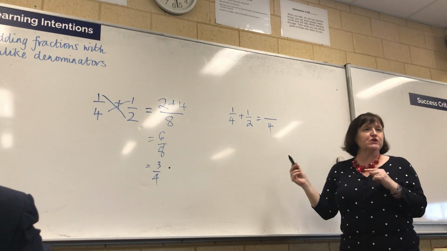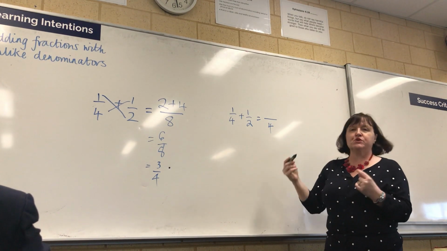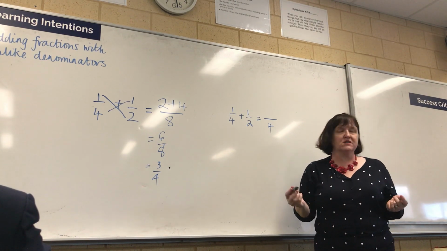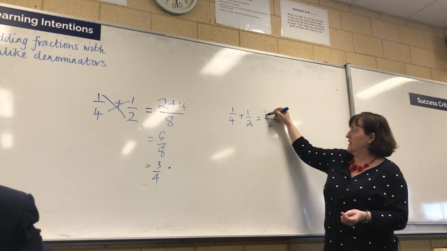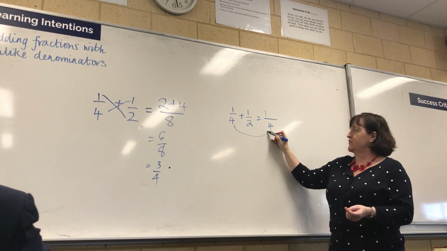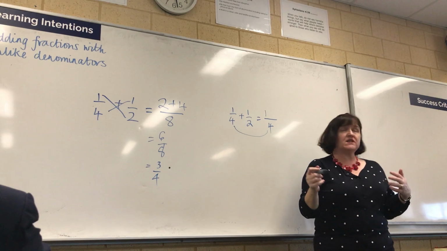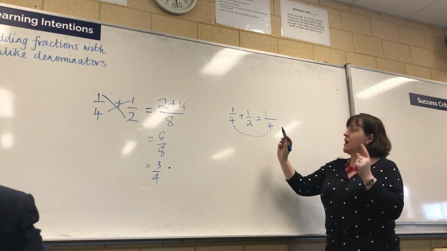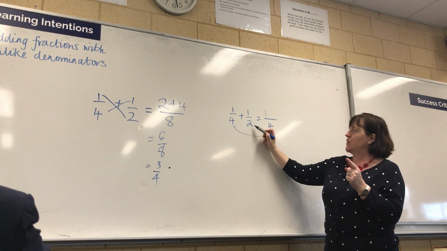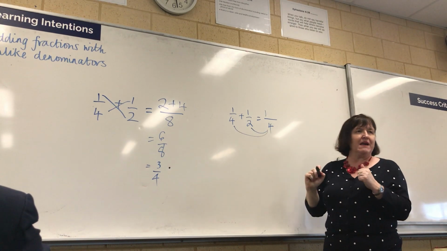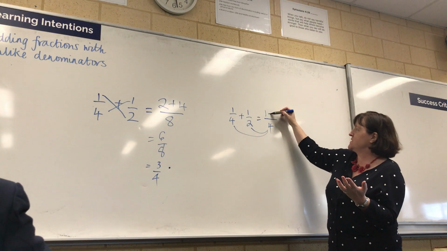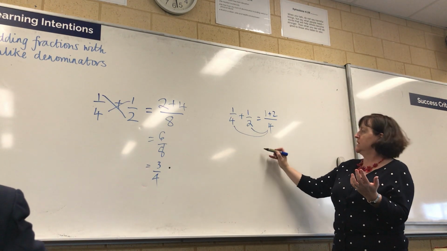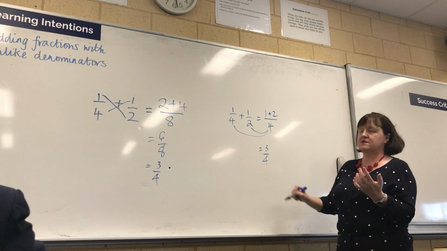Okay? But what you would do here is you would use your knowledge of equivalent fractions. So the quarter stays the same, because we're dealing with quarters, so we know that that's 1 quarter. And what you would do then is you would say, well, what has happened to the 2 to make it 4? It's been times by 2, so I'll times the numerator by 2, and that gives you 3 quarters.